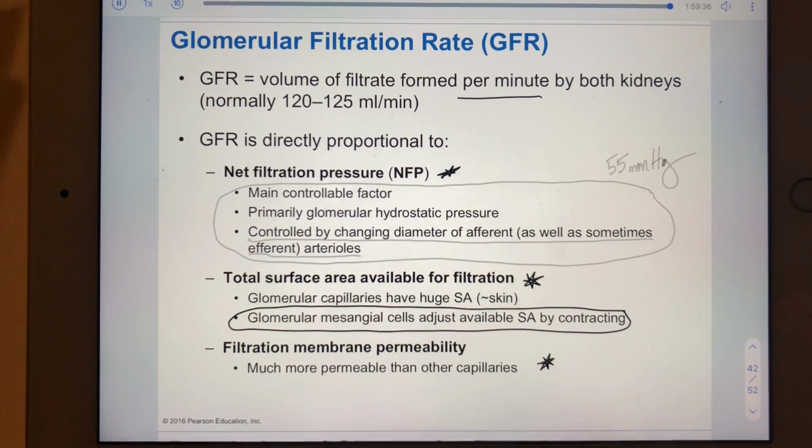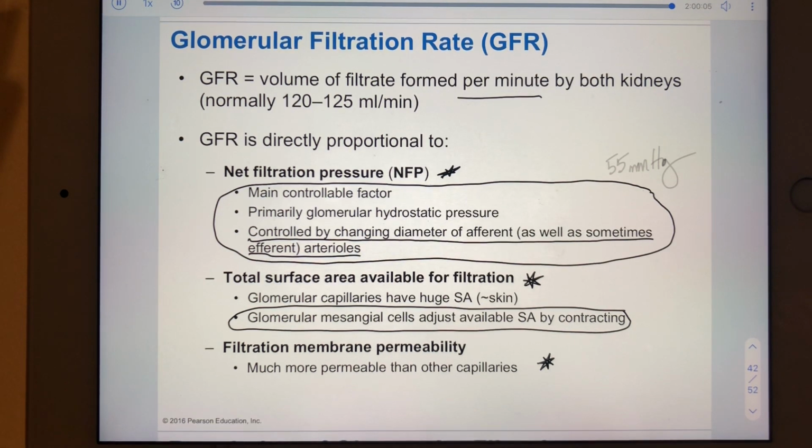So a little bit of alteration there, but the main factor that can be used to regulate GFR, glomerular filtration rate, is that pressure, because we can, not surprisingly, change the diameter of the arterioles that both feed and drain the glomerulus, and therefore affect the blood pressure within the glomerulus.